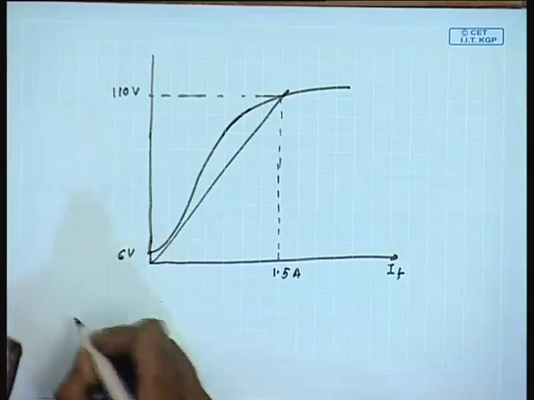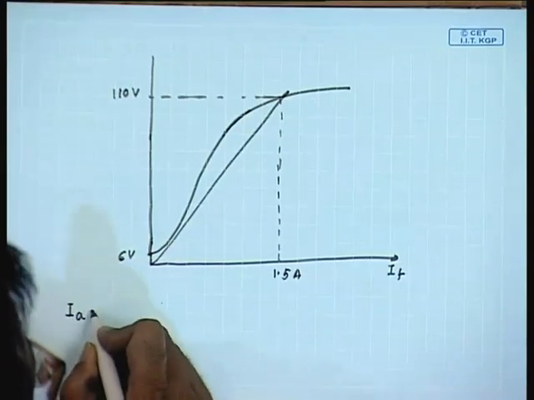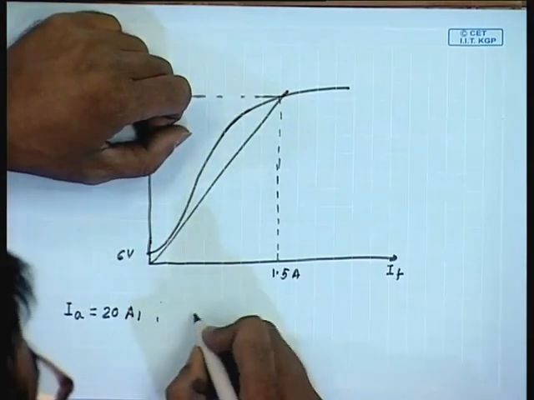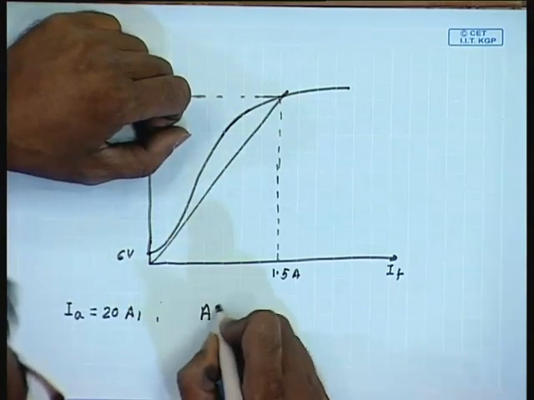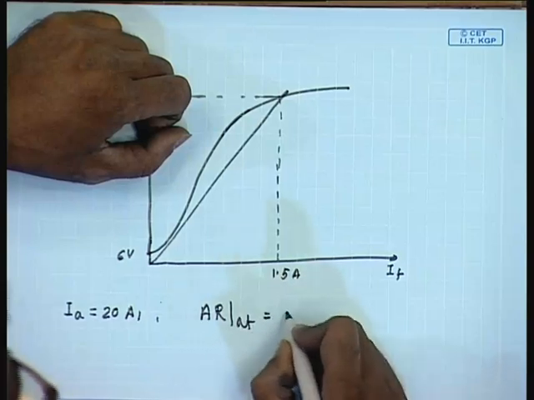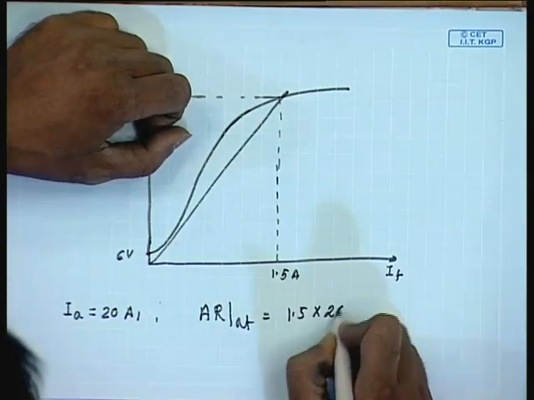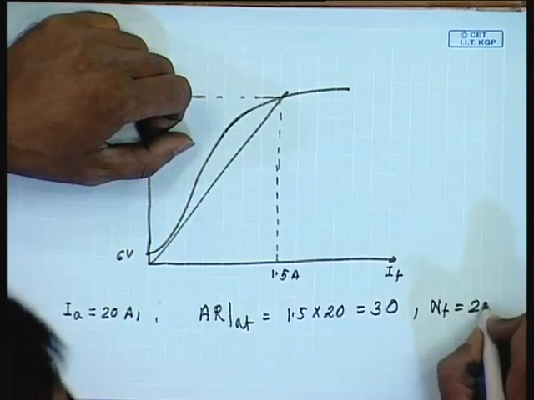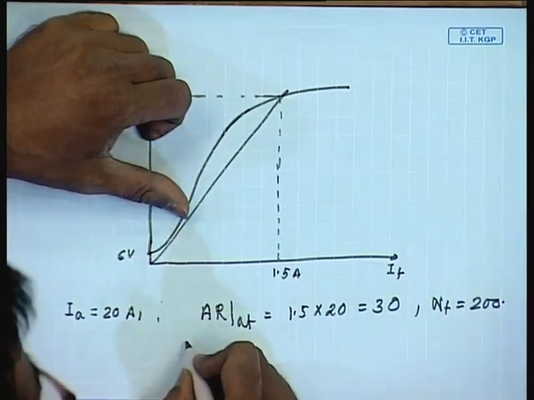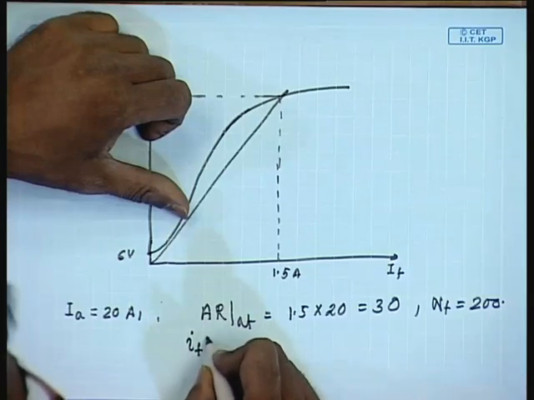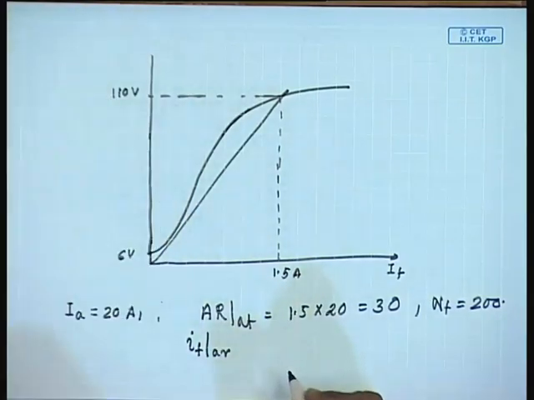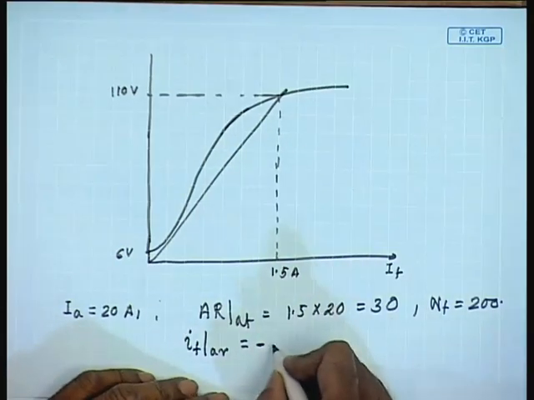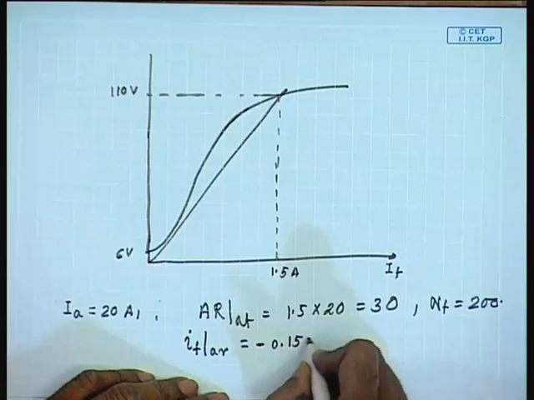Now, for again IA equal to 20 amperes, we know the AR ampere turns equal to 1.5 into 20, that is 30, NF equal to 200, therefore, the demagnetizing ampere turns in equivalent field amperes equal to minus 0.15 ampere.